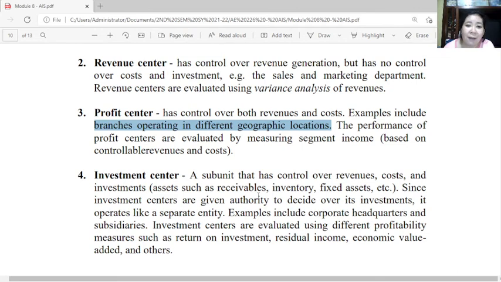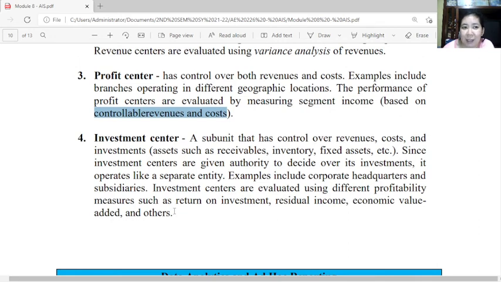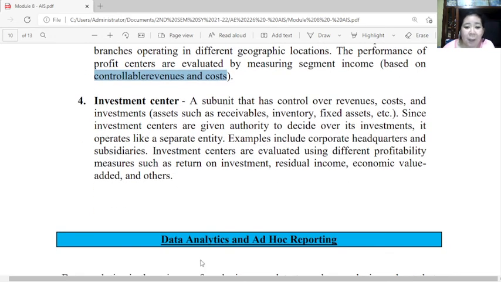They both have control over the revenues and costs of their branches or operations. So the performance of the profit centers will be evaluated by measuring their income. Again, please take note, it will be based only on the controllable revenues and costs, not on allocated costs.